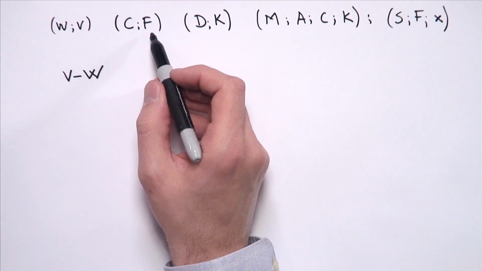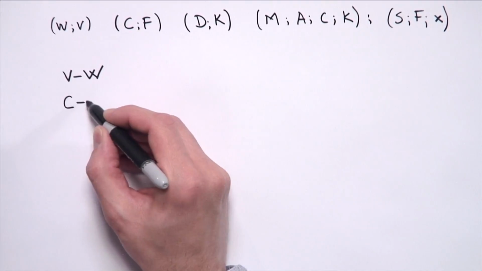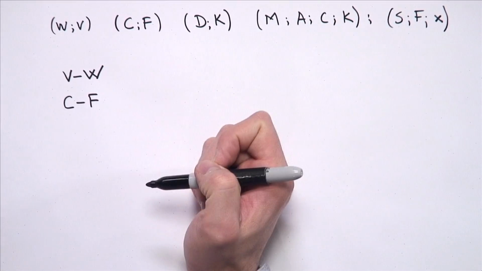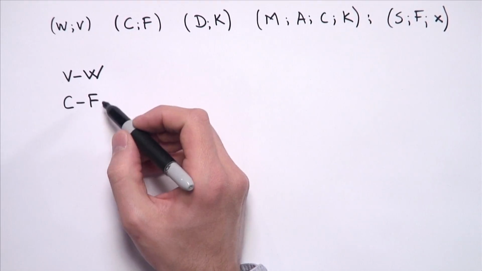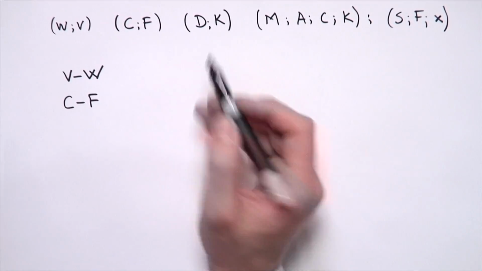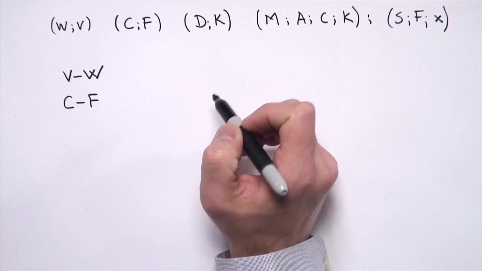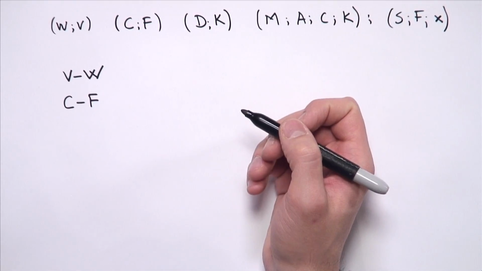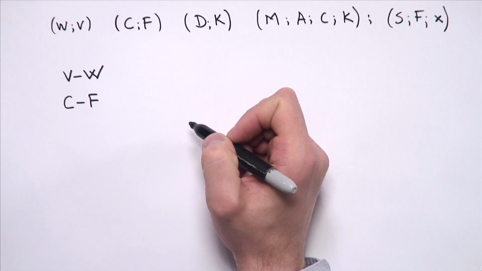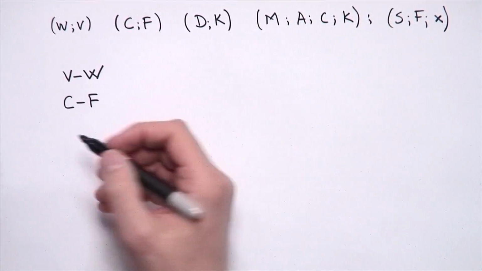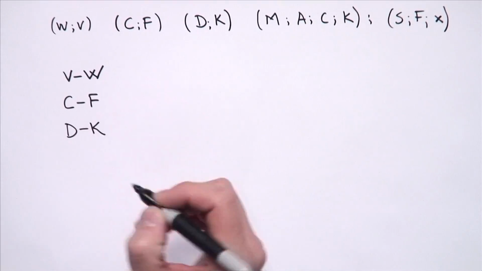All right, CF, that has to go C and F. F, phenylalanine, is another chymotrypsin amino acid that's left at the carboxy terminus. DK, now neither of these amino acids is recognized by chymotrypsin, but we remember from clue 1 that K must be at the carboxy terminus. So the sequence can only be DK.